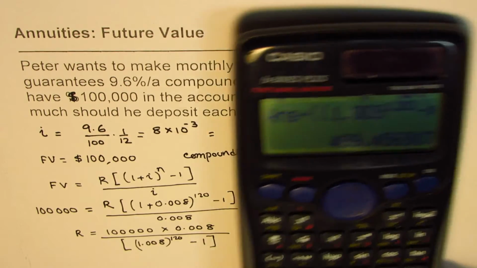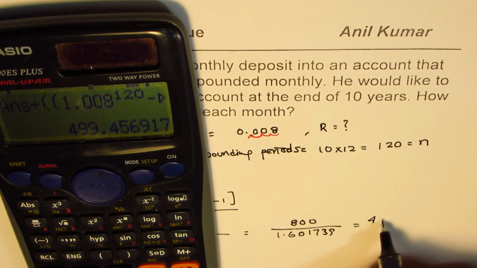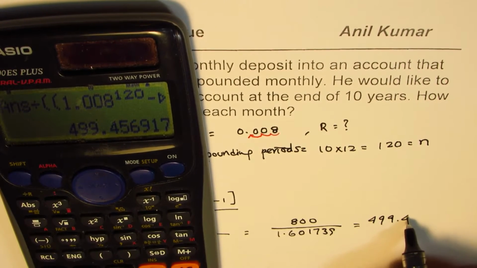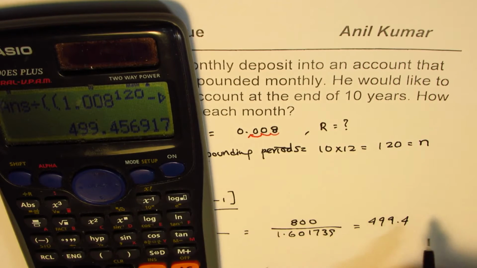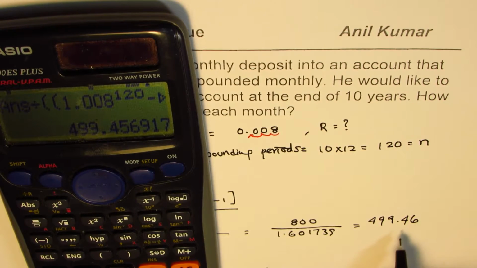So you get 499.456. We'll round it to two decimal places, right? Always in cents. So we get 499.46 as our regular deposits.